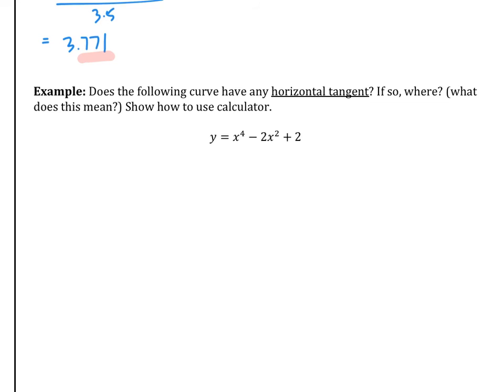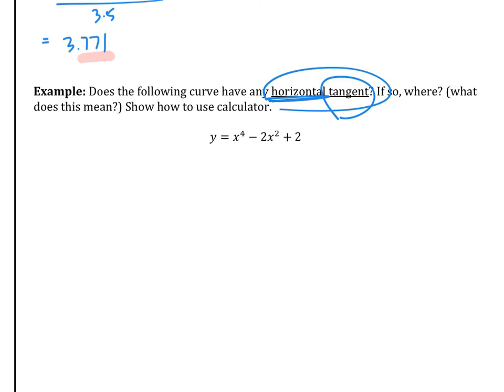All right, last kind of question. Does the following curve have any horizontal tangent? If so, where? So the question you ask yourself is, what does horizontal tangent mean? So horizontal, we know what that means, flat horizontal line.